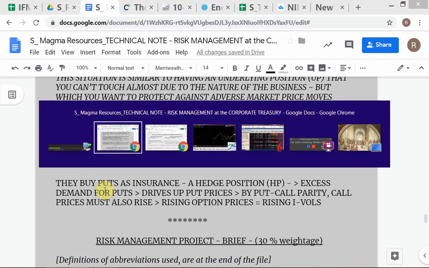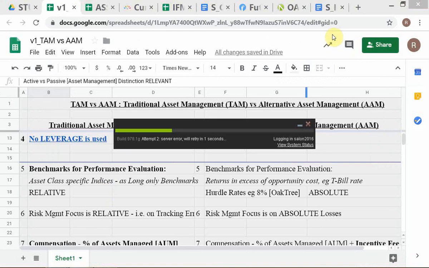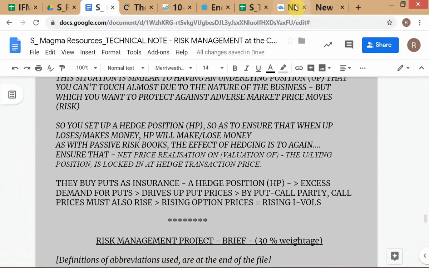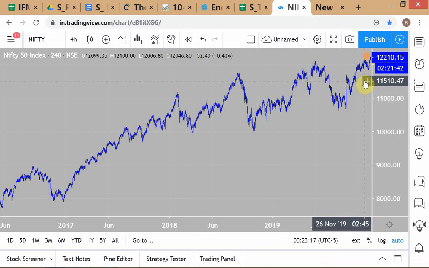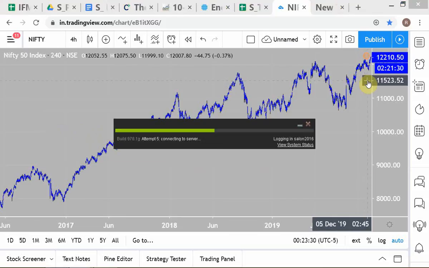So now if you are a long only asset manager and you're worried that the market might drop, but you're also not comfortable about letting go of your long position, you treat your original long position as an underlying position and you put on a hedge position.